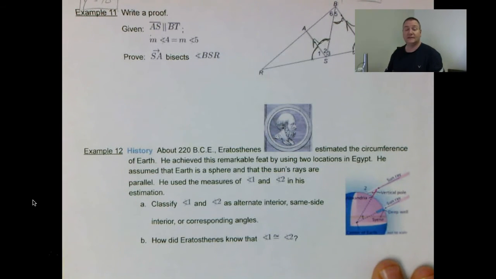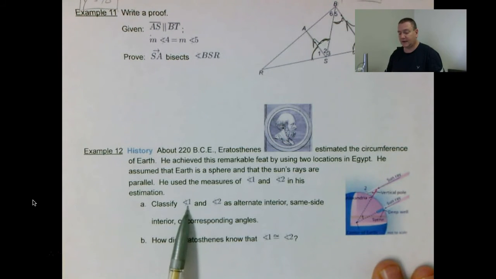We're going to see later on this year how he actually came up with the calculation for the circumference of the Earth, how incredibly simple it was. He only needed to know 2 measurements. He measured this angle here and he measured this distance here from Alexandria to Syene, and he was able to come up with a pretty accurate estimation for the circumference of the Earth, accurate to within 100 miles.